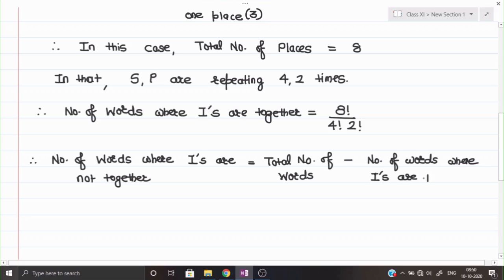Okay, so here we can say that if we subtract in this manner, we will get the required answer.